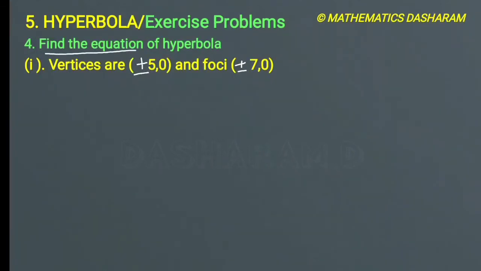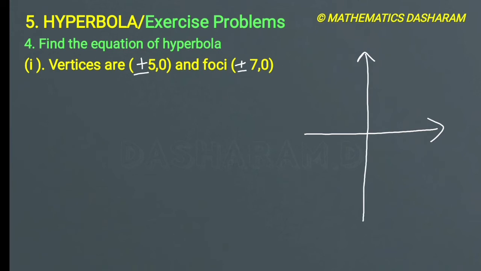Fourth bit, find the equation of a hyperbola. The first question, vertices are plus or minus 5 comma 0 and foci plus or minus 7 comma 0. So here vertices plus or minus 5 comma 0, so here 5 comma 0 and here minus 5 comma 0.